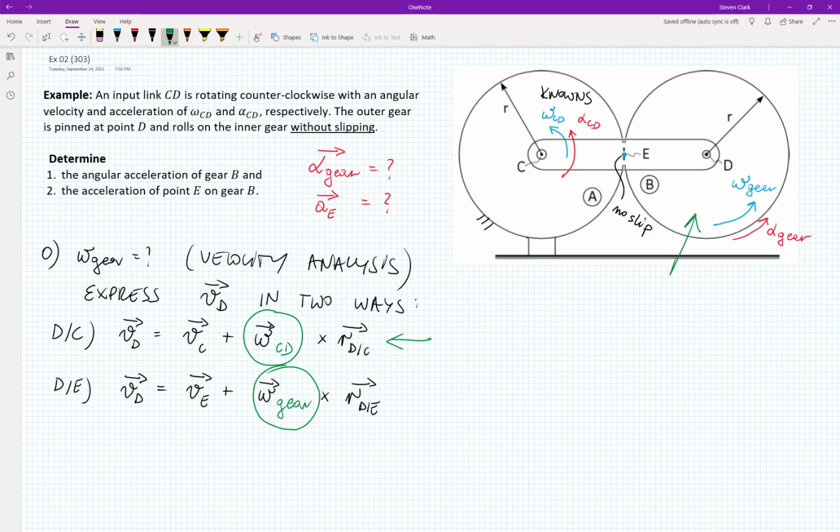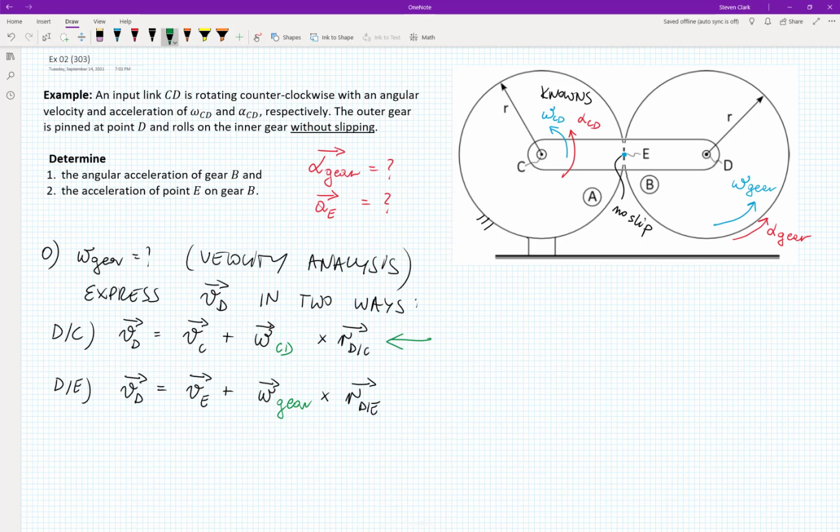I will give you an even better answer. We put omega CD in here. This is omega of the link, yes? Because points C and D, they belong to the link. That's why we must use omega of the link in there.